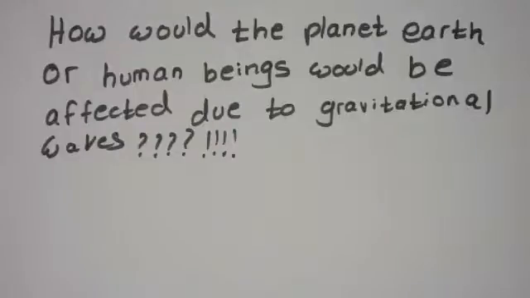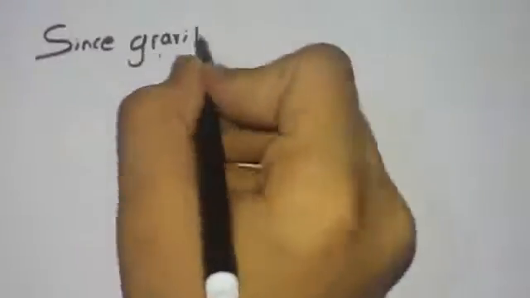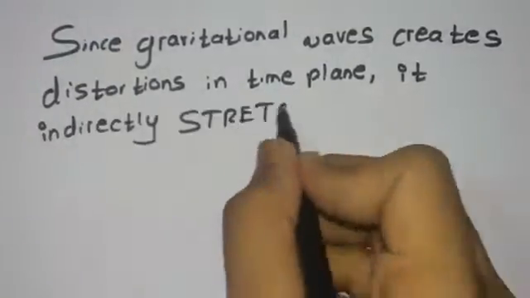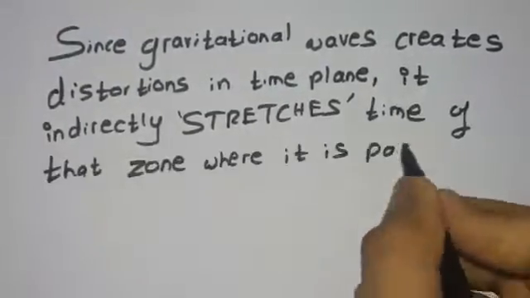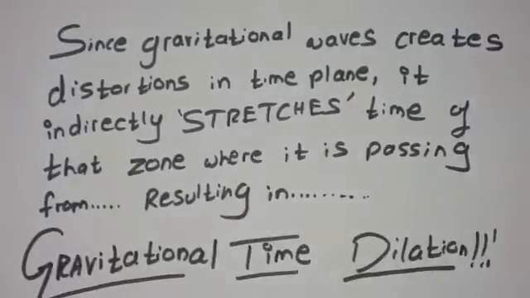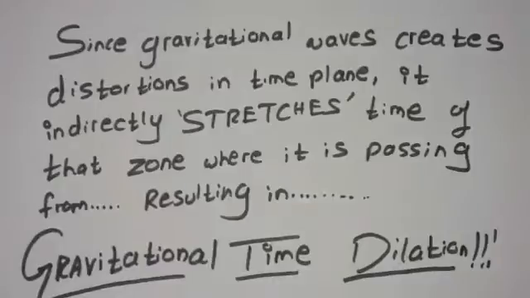Yes, I've got the answer for you. Since gravitational waves create distortions in the time plane, they indirectly stretch time in the zone they pass through, resulting in nothing but gravitational time dilation.